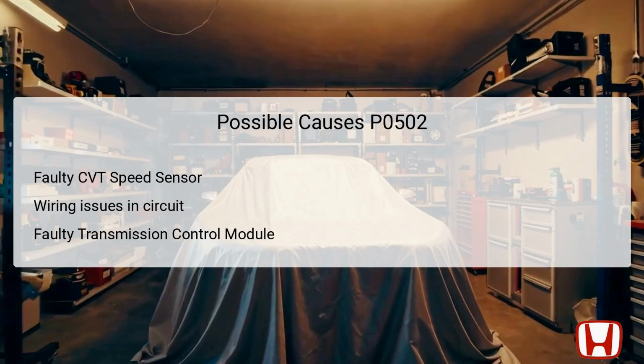Corroded connectors, broken wires, or faulty terminals may lead to unreliable signal transmission. Lastly, if both the sensor and wiring are operational, the TCM itself may be faulty, requiring further inspection to ensure reliable functionality and communication with the sensor.